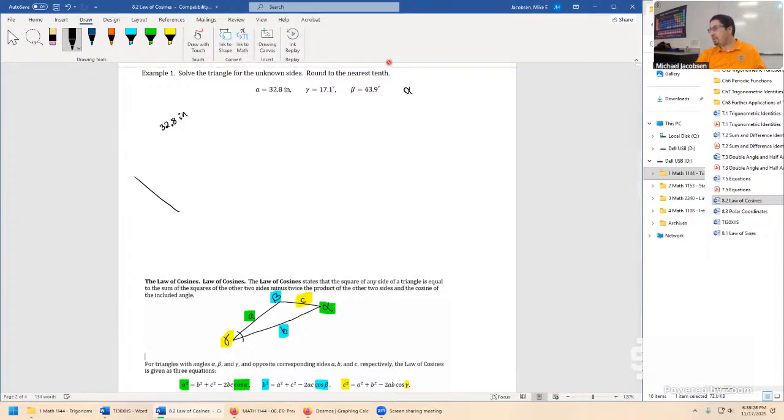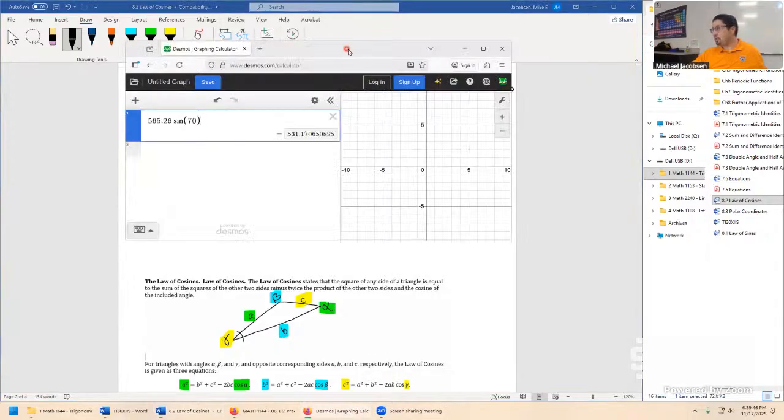Let's actually just write out what alpha is. I believe it's close to 120 degrees. It's 180 minus the 17.1 degrees from here, minus the 43.9 degrees from here. So the angle alpha is going to inform us on just what our diagram should look like.